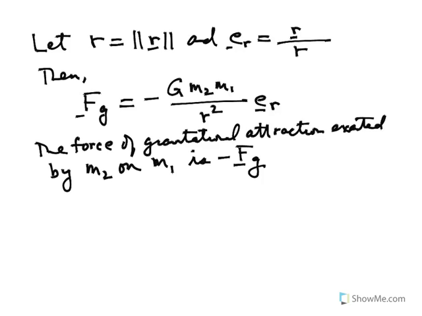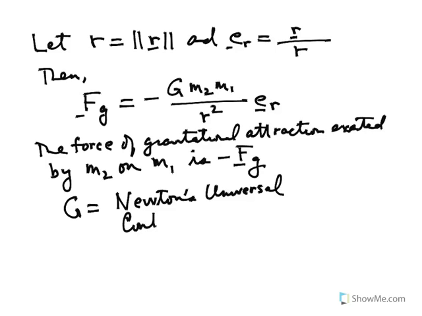Now, there's a special case of the force of gravitational attraction. It turns out that this constant G, before I finish, is what's called Newton's universal constant of gravitation.